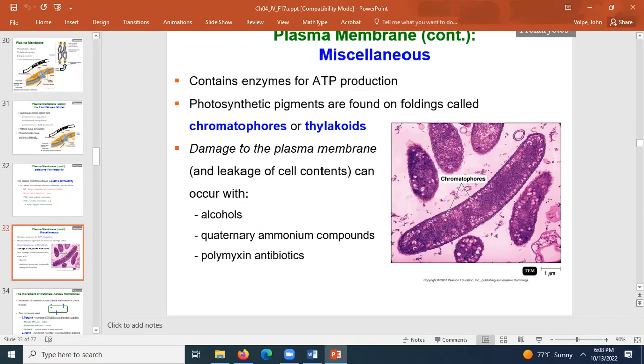So if it's a photosynthetic bacteria, the pigments for photosynthesis are in foldings of the cell membrane. And we call those either chromatophores or thylakoids, meaning thylakoid is similar to the chloroplast.